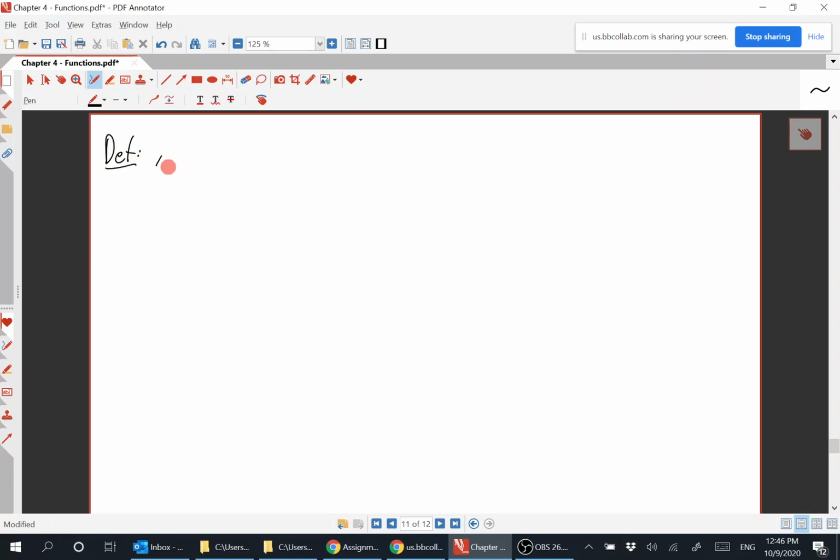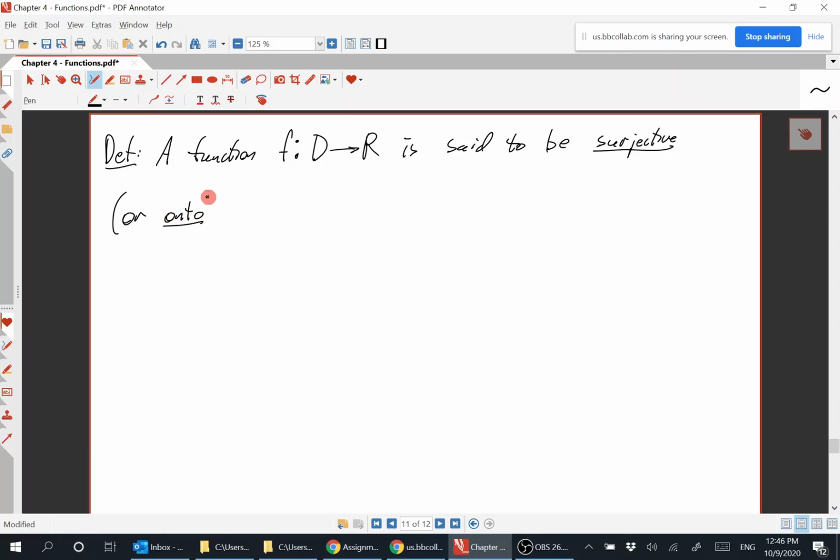A function from domain to range is said to be surjective or onto when the image of f is the entire range.